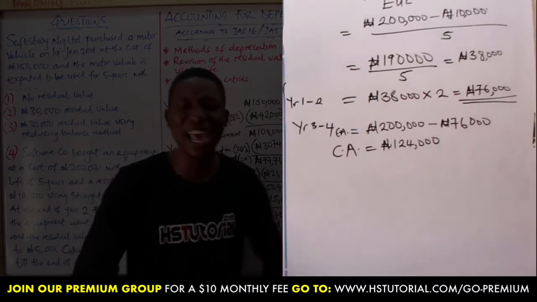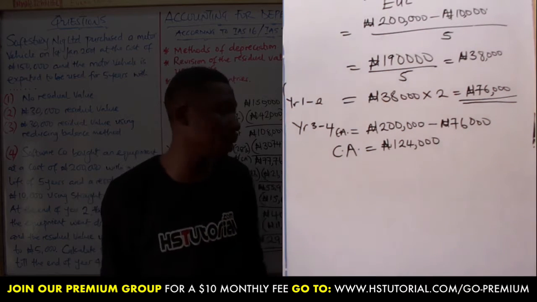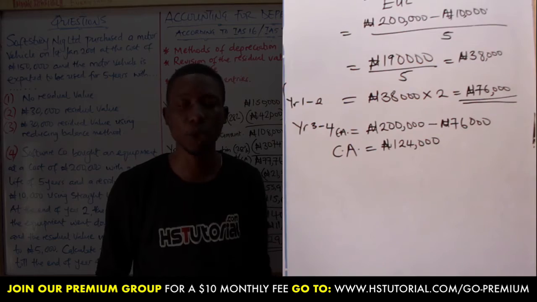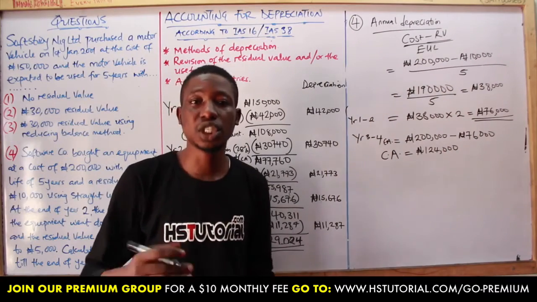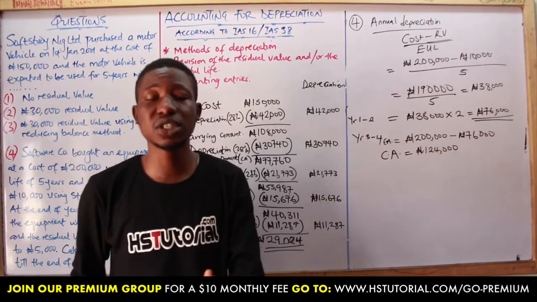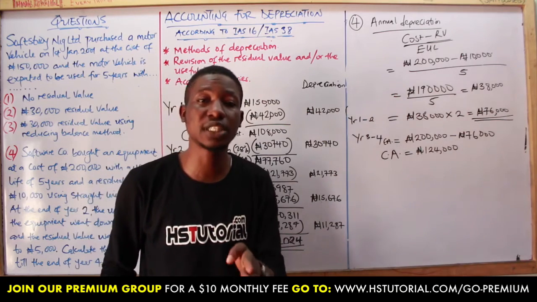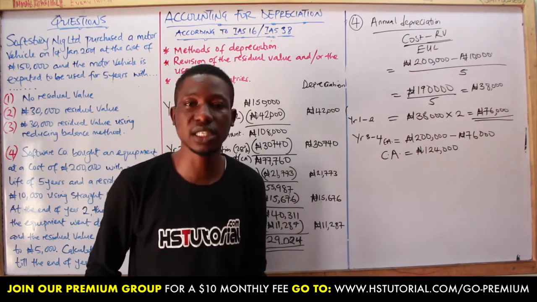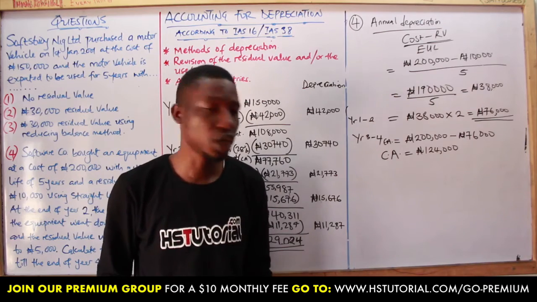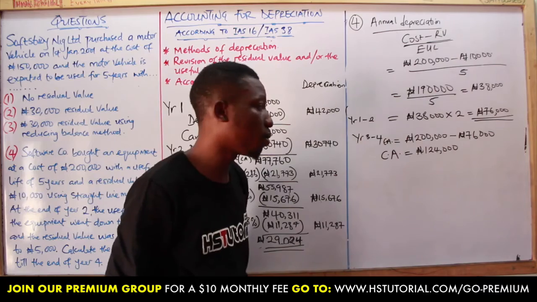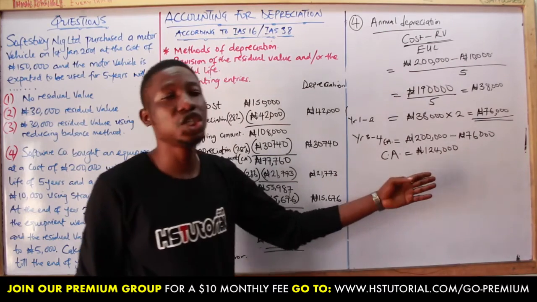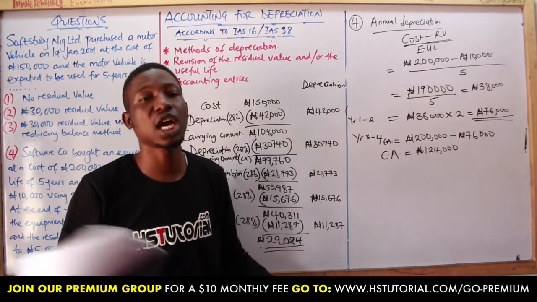We cannot apply anything we want to the previous years, according to IAS 8. IAS 8 talks about changes in accounting estimates, accounting policies and errors. So when there is a change like this, we call it a change in accounting estimate.